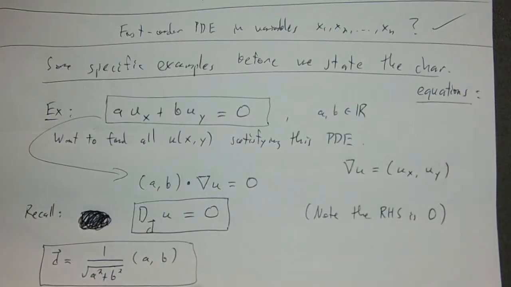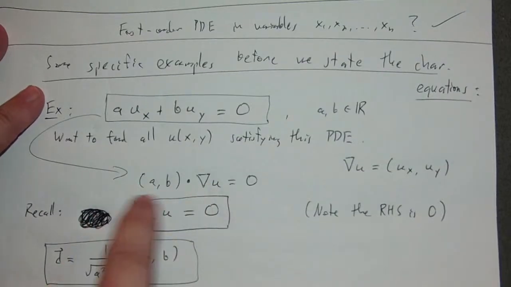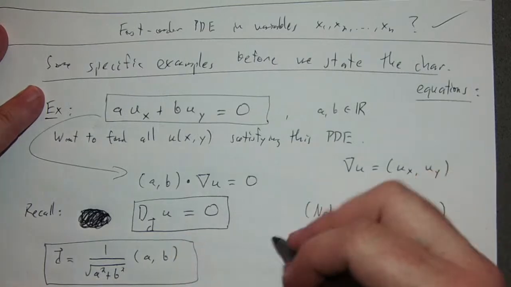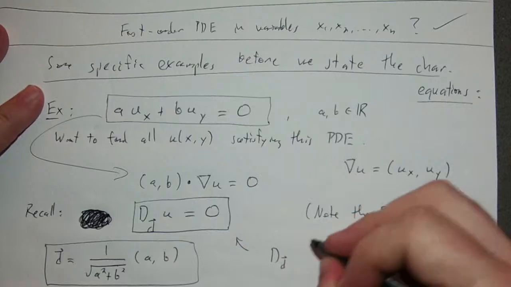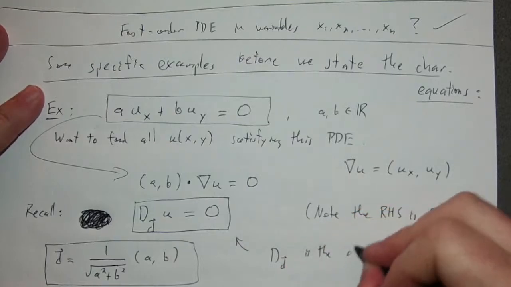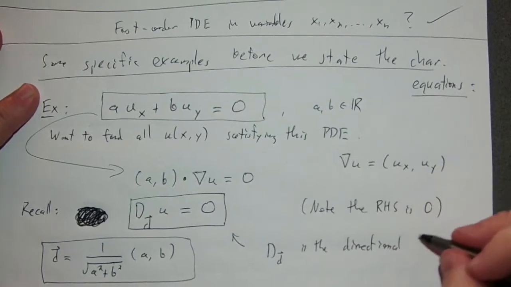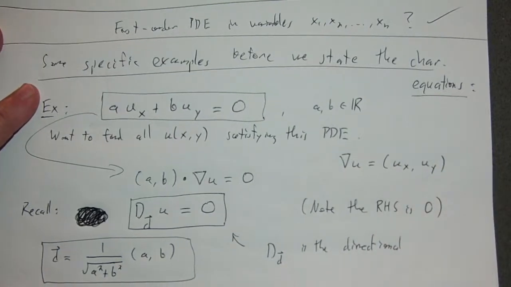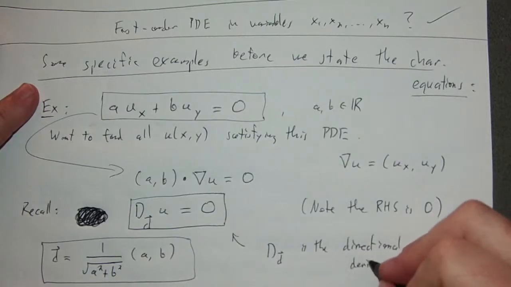So if I multiply both sides of this equation by 1 over the length of (A, B), then I get exactly this thing, where D is the direction. Remember, we only consider directional derivatives for unit vectors, because all we care about is the direction specified by this vector, not its length. So this is the directional derivative.